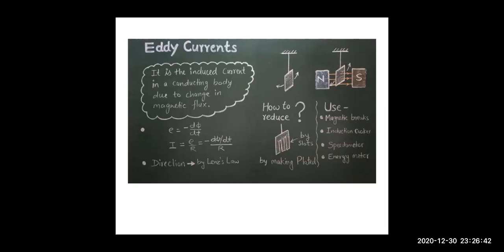So as we saw, the metal plate, when it was placed in the magnetic field between the two poles of the magnet, the oscillations damped and it came to rest sooner. So what it is producing? It is producing retardation. The metal plate got damped and stopped sooner due to the eddy current.